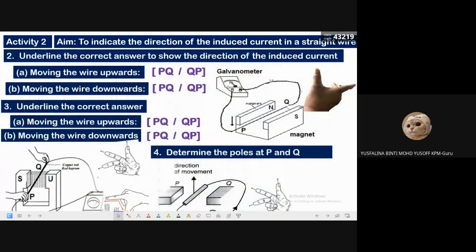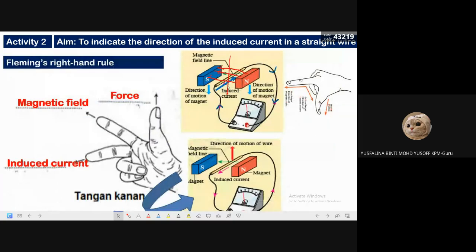It has to cut perpendicularly so it can produce the induced current, and there must be a motion, whether the magnet moves or the conductor moves. This is Fleming's right hand rule. It is the same as the left hand rule, except you use your right hand. The thumb shows the force, this is north and this is south, and this is the direction of the current.